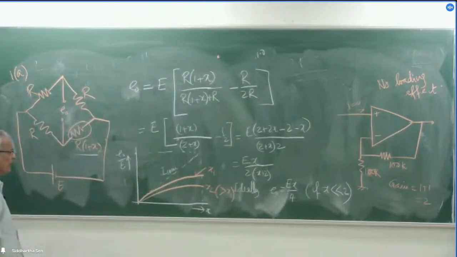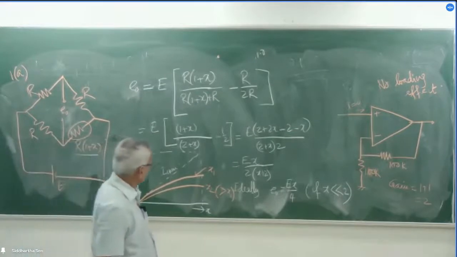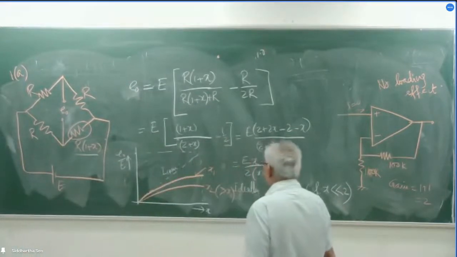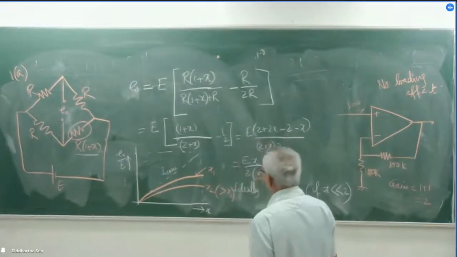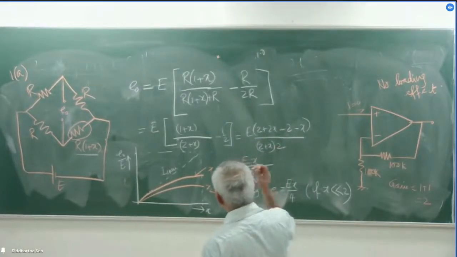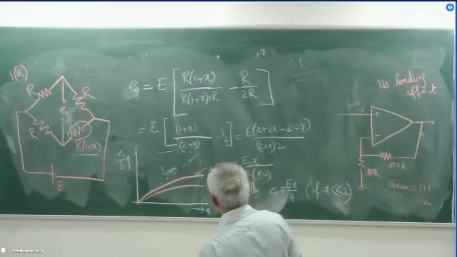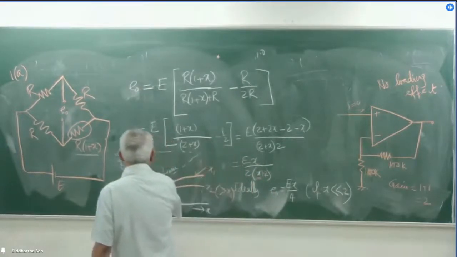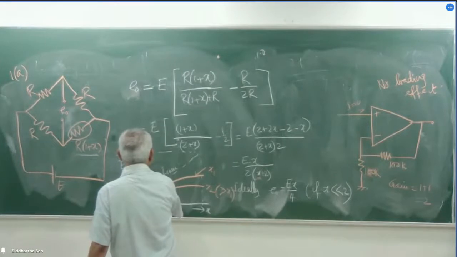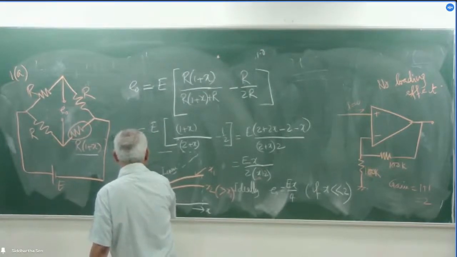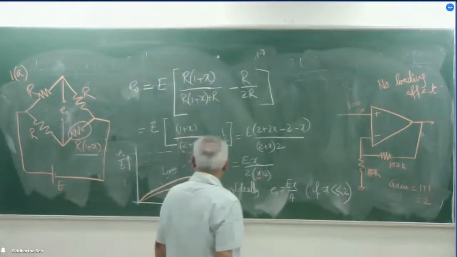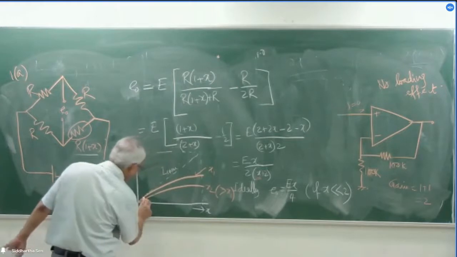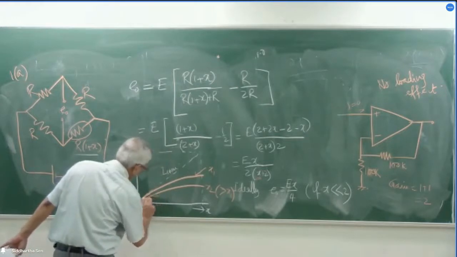So in this case, the more the value of x, the more will be the deviation from the linear characteristics. But even for small values, say x is equal to 0.1 or 0.2, you will get very linear values there.